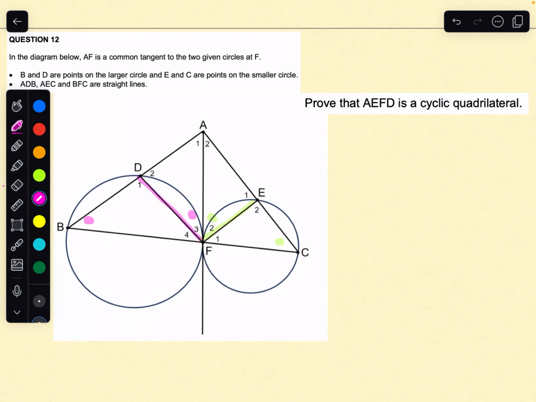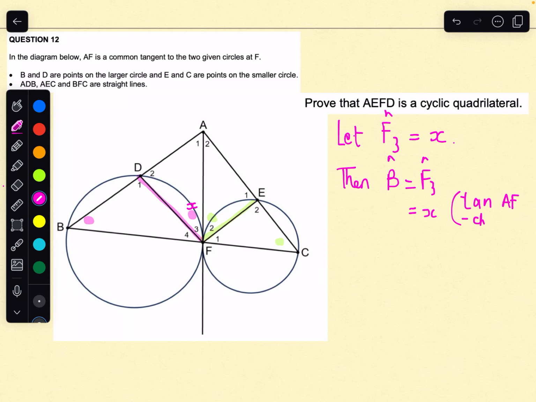Wow, okay, let's write that in Mathslish. So we are going to say, let angle F3 equal x. So we'll call him x. Then angle B is equal to F3 is equal to x, reason being the tangent AF, the chord FT.